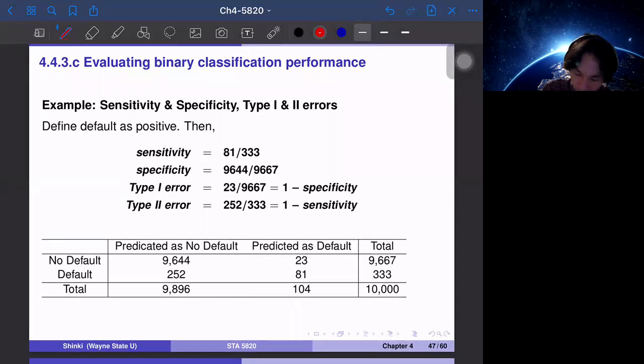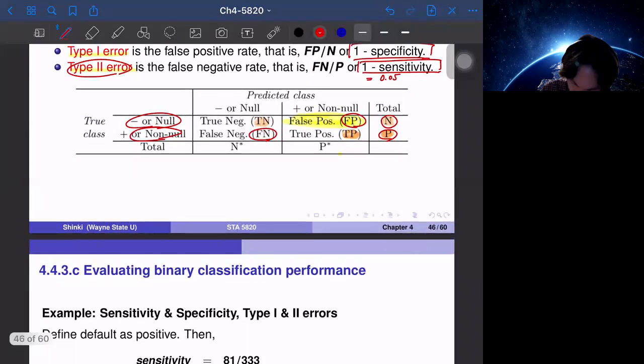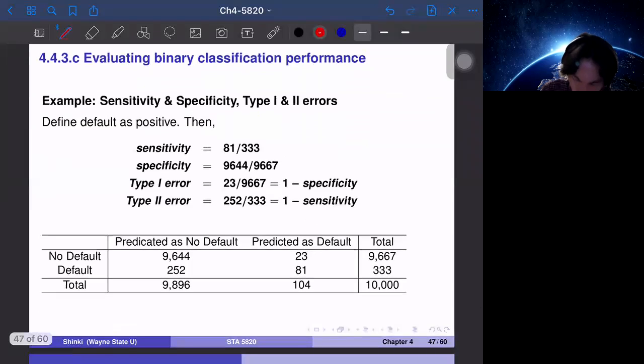In the previous table, I have already transposed it, sorry. So this is predicted and this is truth. What is the sensitivity? Sensitivity is for the default, and default is the positive case in this case.